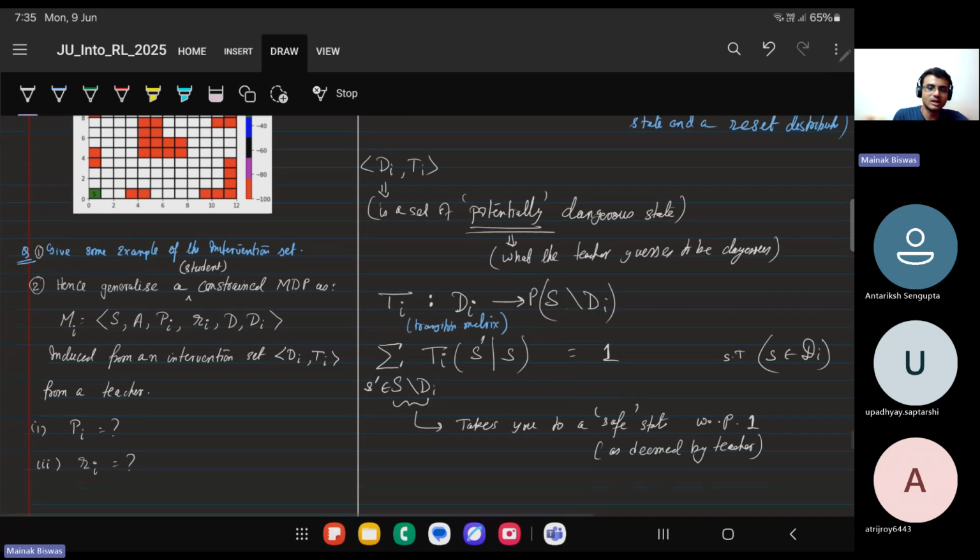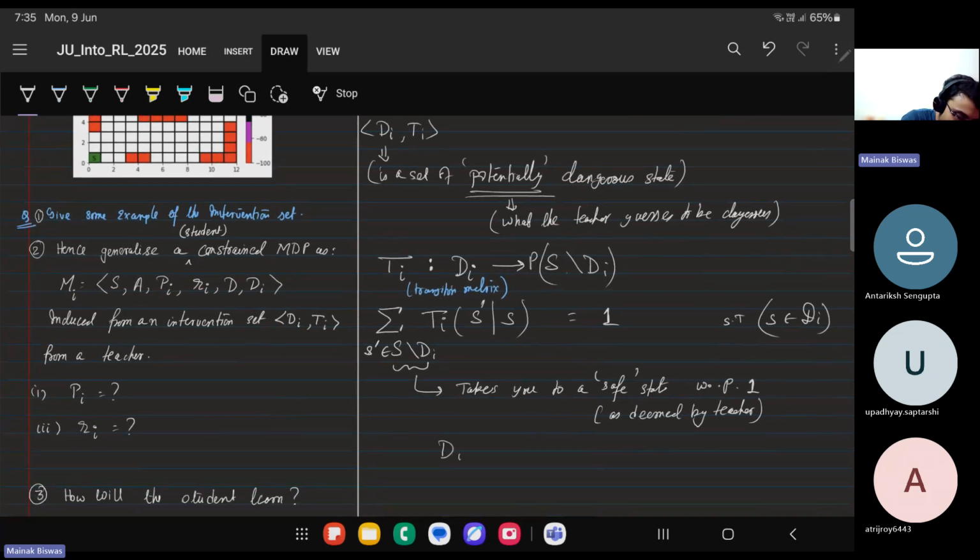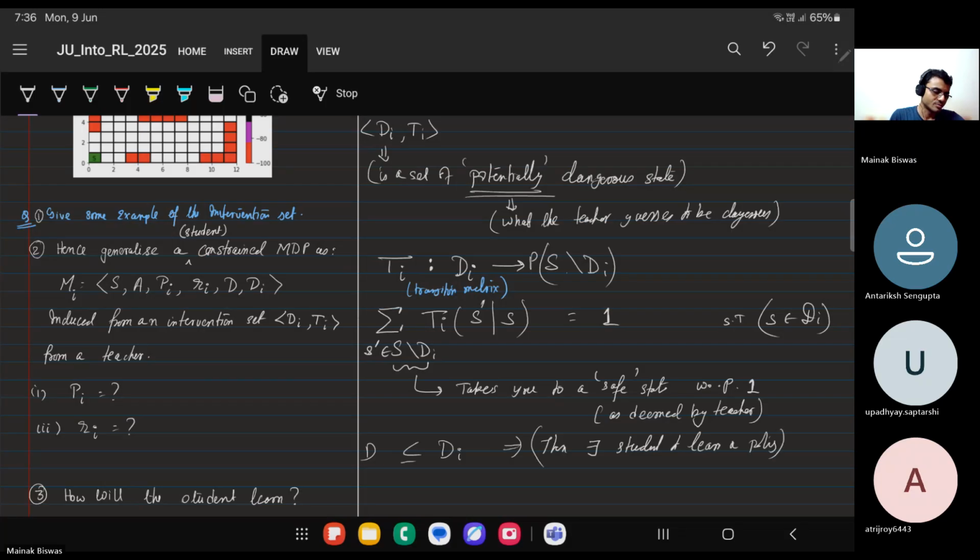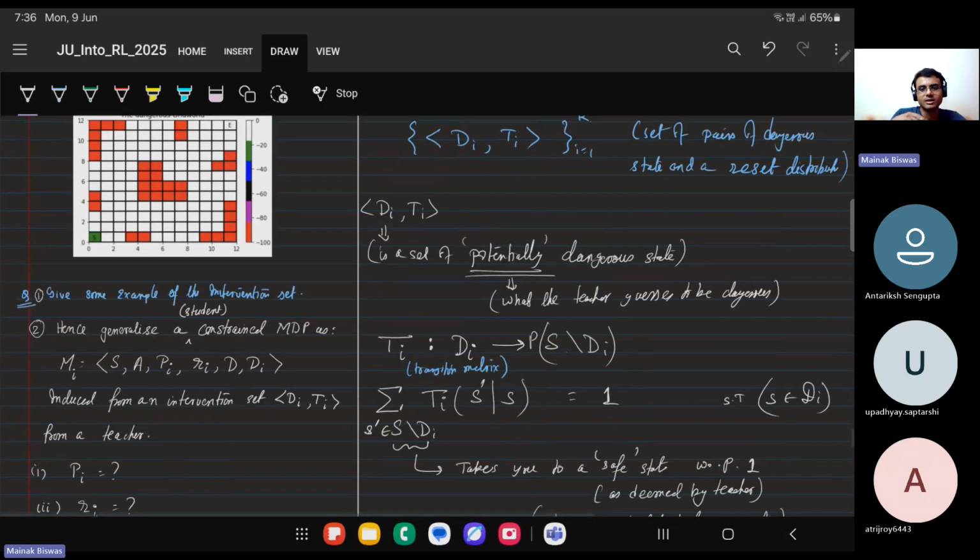So basically, when we learn this, people show that if D_I is a superset of D, then there exists a student who learns an optimal policy. That's clearly fine; you can see that if all the dangerous states are in the potential set, or in the intervention set.